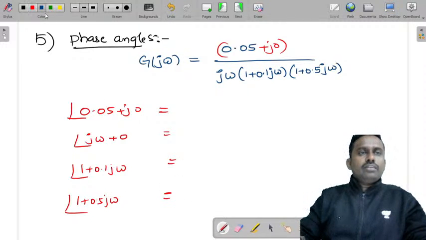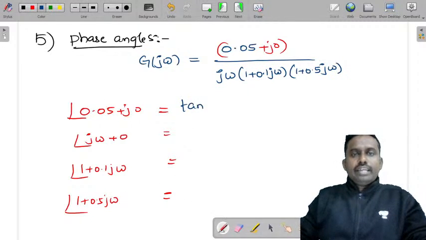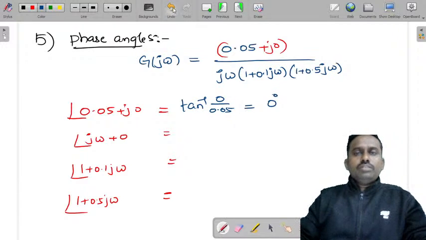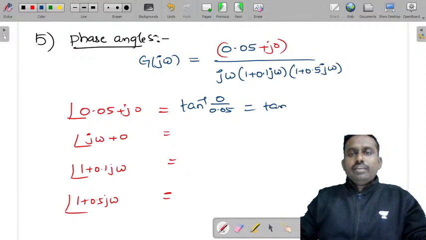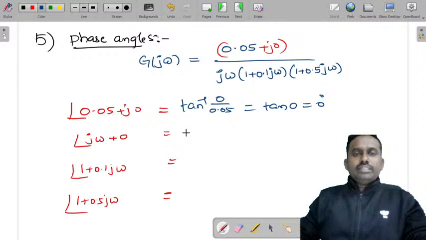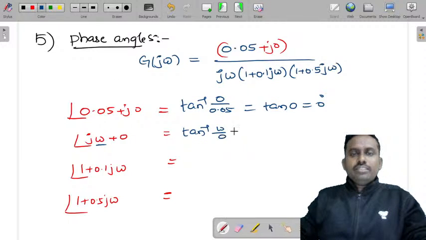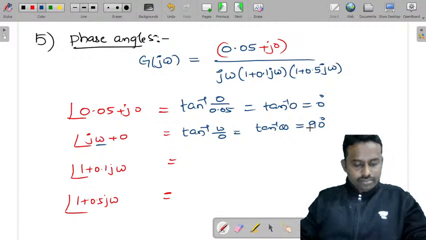Find the angle. Now this is tan inverse b by a. 0 by 0.05 will give 0 degrees, because it is tan 0. Next, this is tan inverse omega by 0, that is tan inverse infinity, that is 90 degrees.